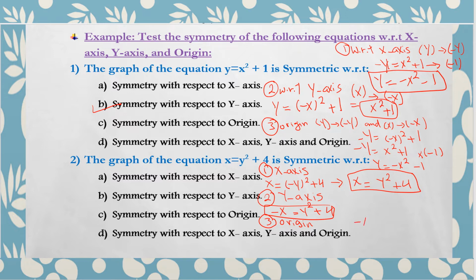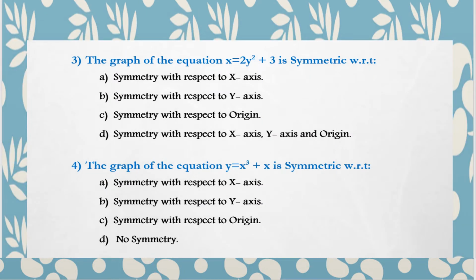So negative x equals negative y squared plus 4. So negative x equals y squared plus 4, and this is not equivalent to the original equation, so this function is symmetric with respect to the x-axis only, and the correct answer is A.